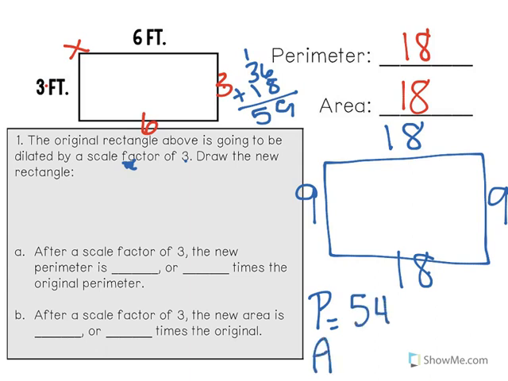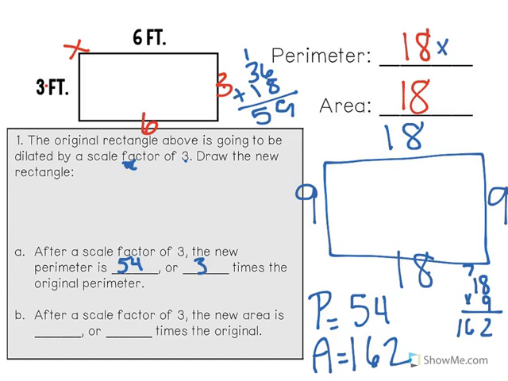And my area is 18 times 9, which is 162. So what you can see is that the new perimeter is 54, but it's 3 times the original perimeter.